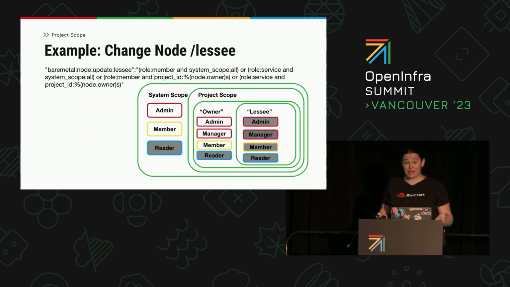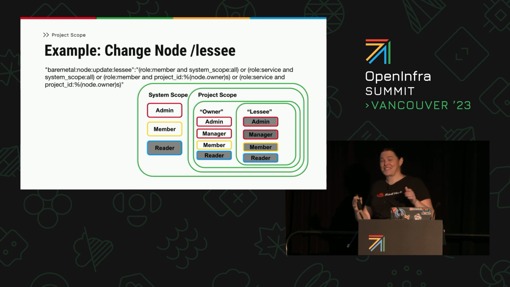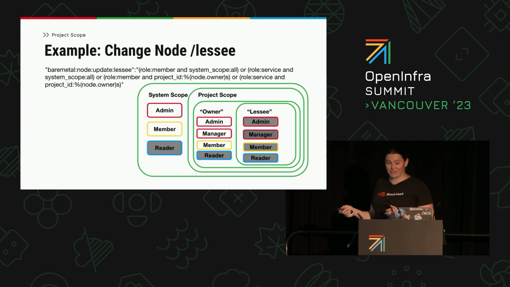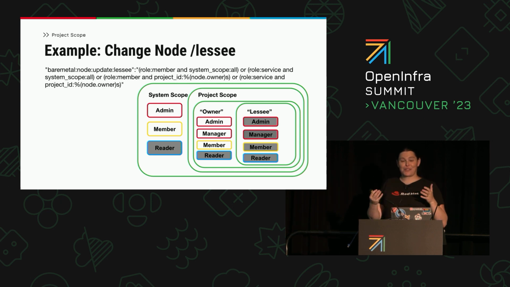For example, I have the actual policy rule here, which is kind of frightening. And it is, yes. It is frightening. But I want to provide a somewhat graphical explanation of what it looks like. Effectively, if I want to change lessee, everyone that's grayed out cannot change lessee.